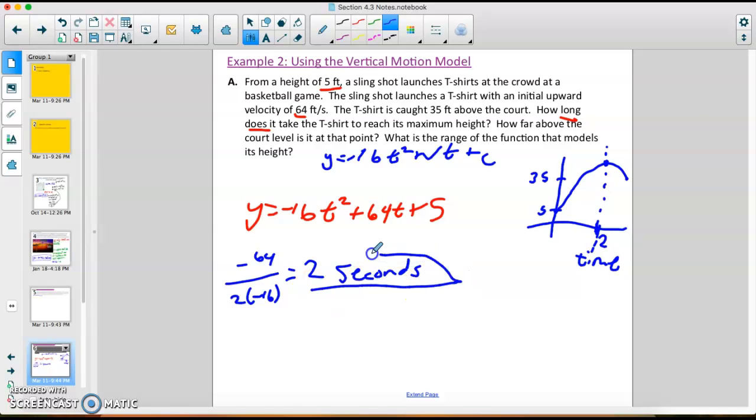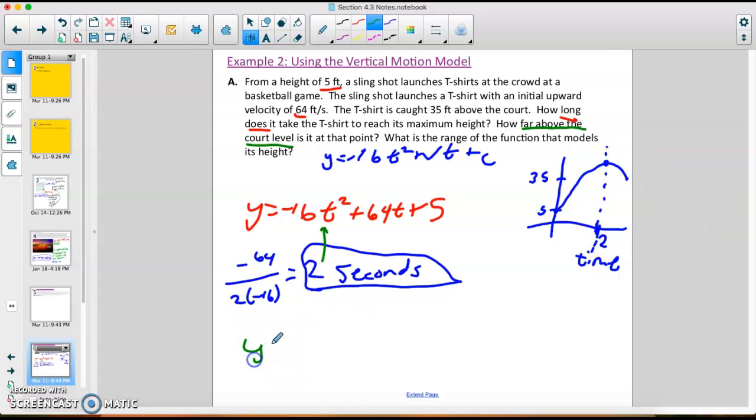Okay, and then the second question, how far above the court level was it at that point? Well, if you remember from a couple days ago, we're just going to take 2 and plug it in for t, and the y will tell us how high it was at this point.